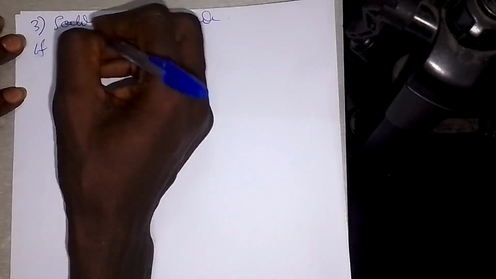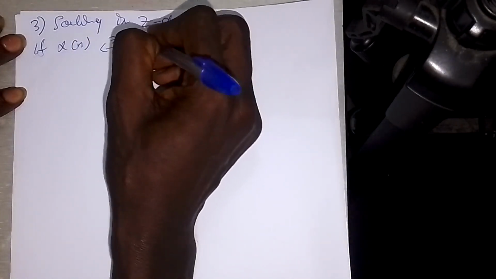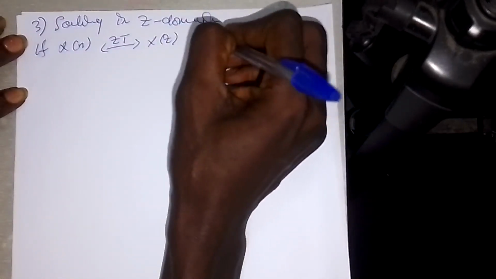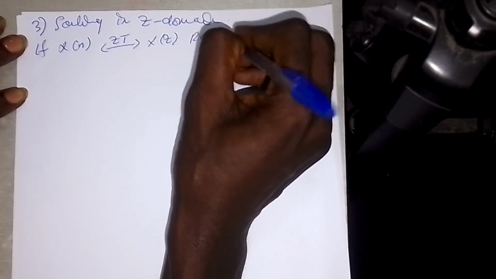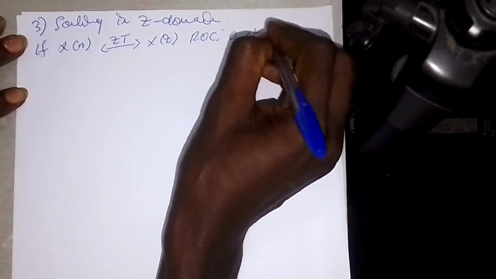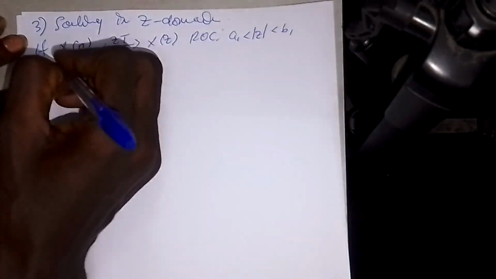If x of n has a Z transform of X of z, and it has an ROC of A1 less than mod z less than B1.